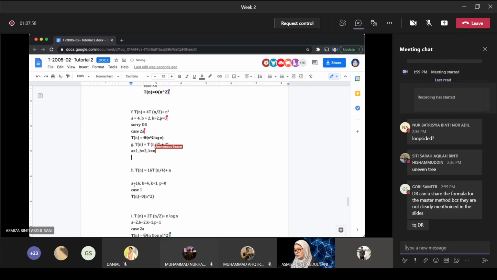So if you remember the recurrence relation, we can say that T n, the form is some A T n over B plus, where is the formula? So we have Fn. Oh, they call it Fn.